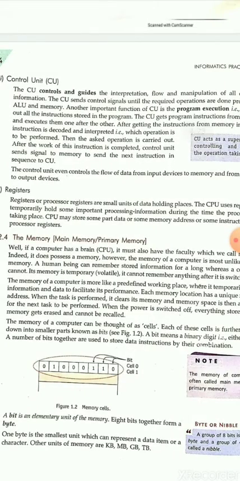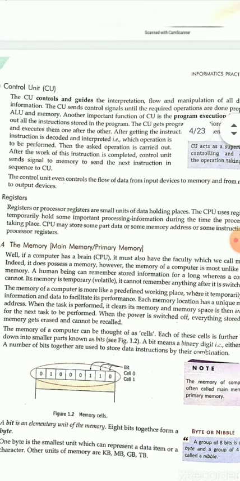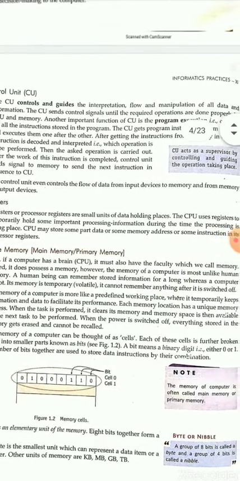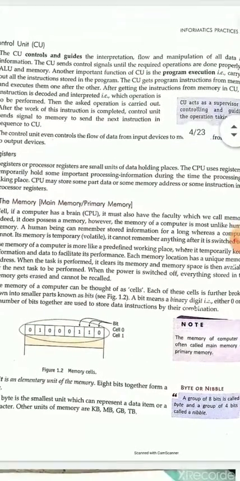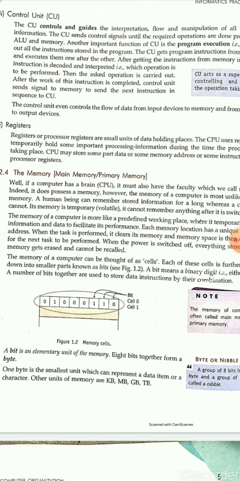A human being can remember stored information for a long time, whereas a computer cannot. Its memory is temporary, that is volatile. It cannot remember anything after it is switched off. There are exceptions too. We also have ROM, that is read-only memory, which stores data persistently.